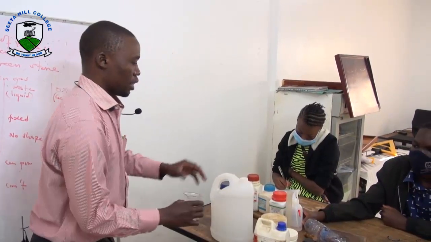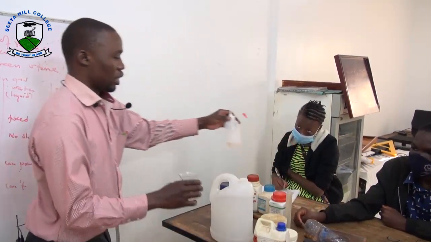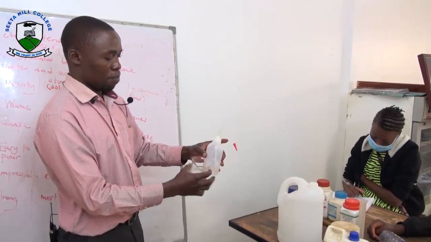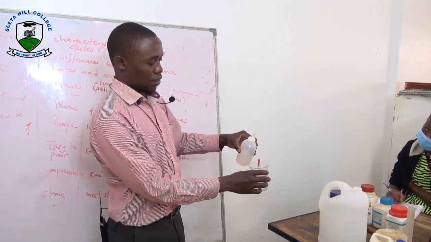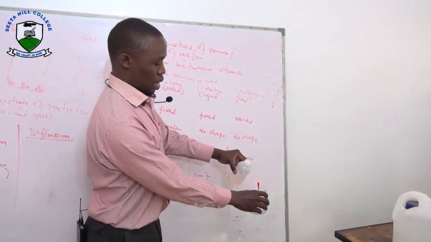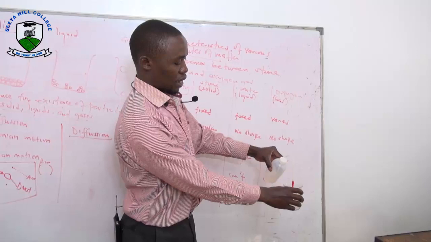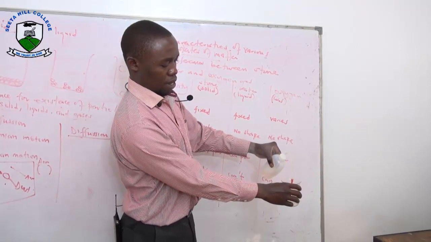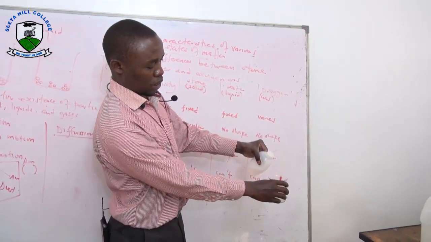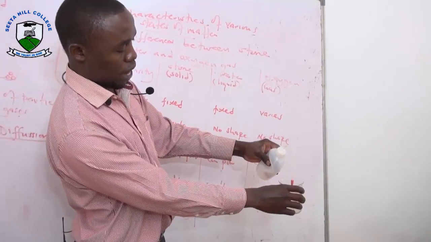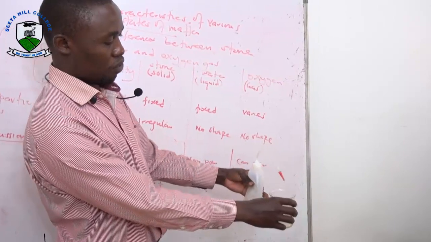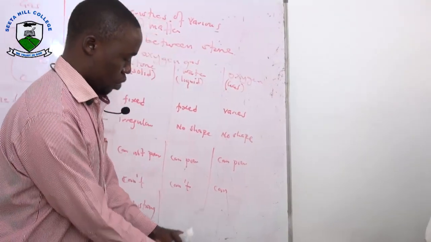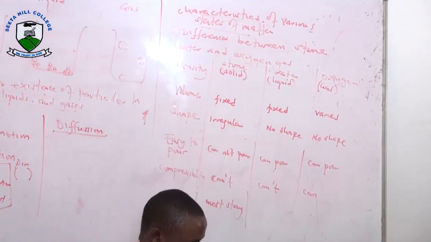Then I pour a little of hydrochloric acid which is concentrated here. Concentrated hydrochloric acid gives off the gas called hydrogen chloride gas, which are mist fumes or white fumes. Now we are seeing those mist fumes.